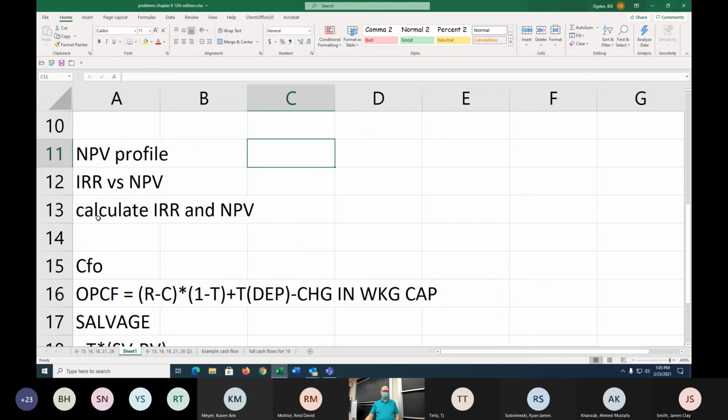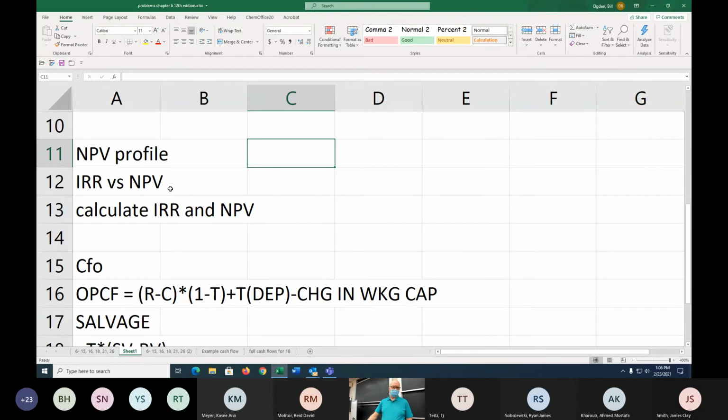And then one of the stinkers in the IRR calculation is the fact that you can have multiple IRRs. I will not on the exam ask you to find a second IRR. However, you should be able to identify under what conditions there might be two or more IRRs. And we went through that.